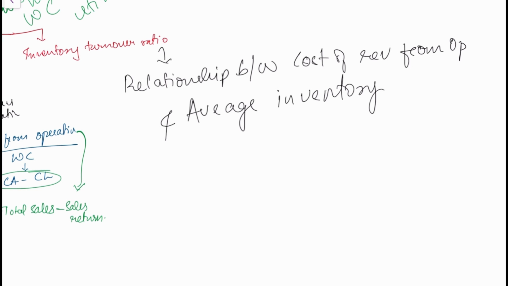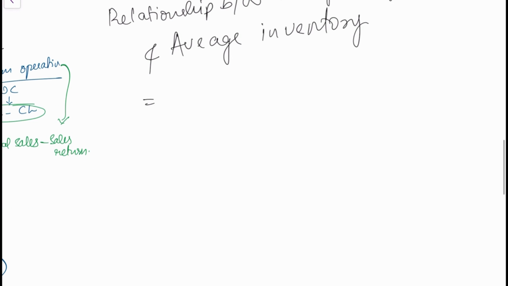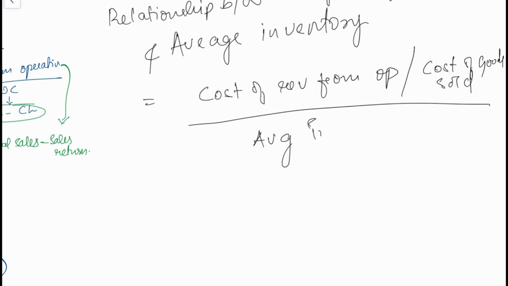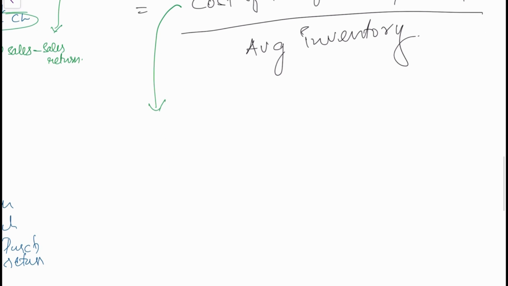Okay, so the formula is cost of revenue from operation, or we can say cost of goods sold, divided by average of inventory.